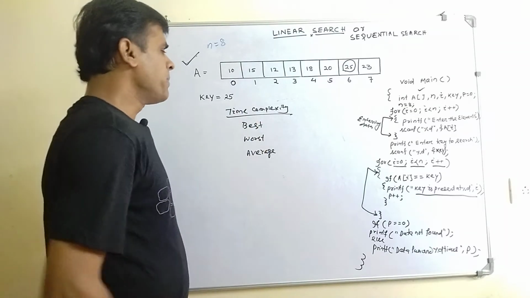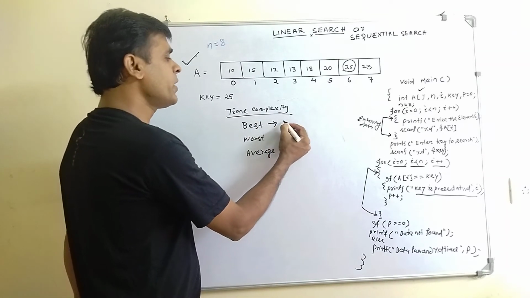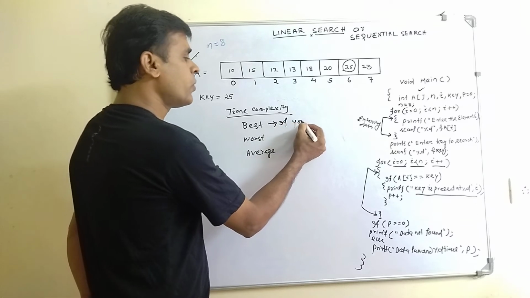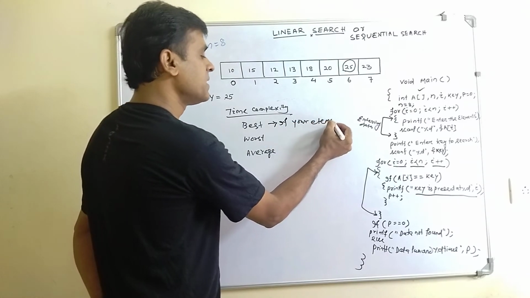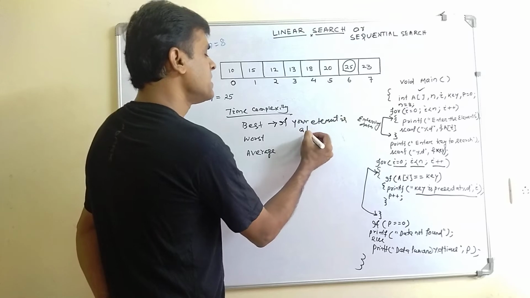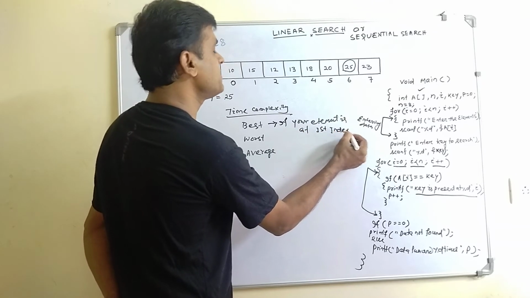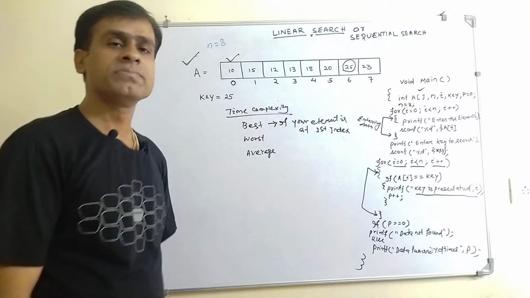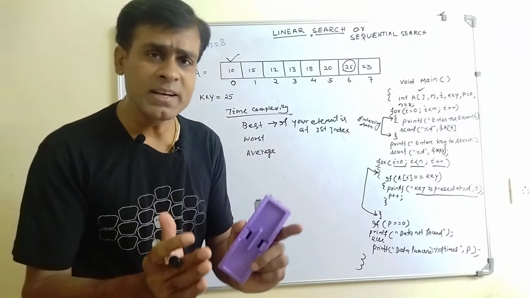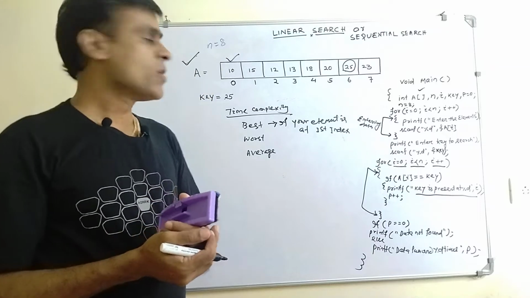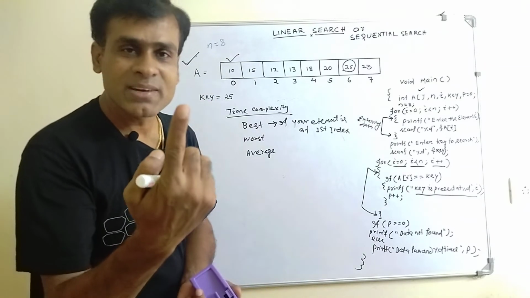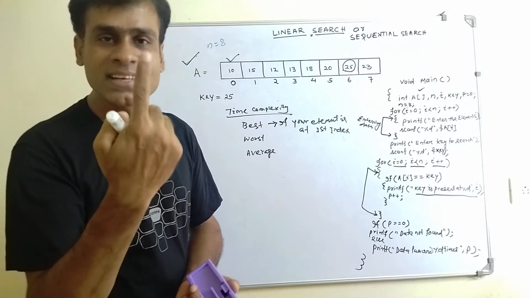So here the best case is saying that if your element is at the first index, that means the 0th index, what is the time complexity? It will take only one time, a constant time.